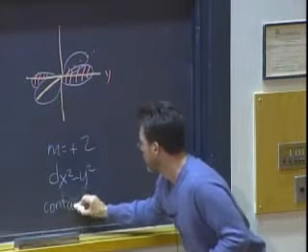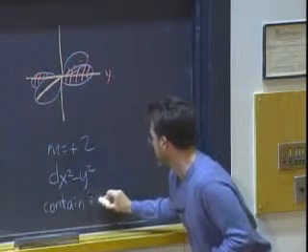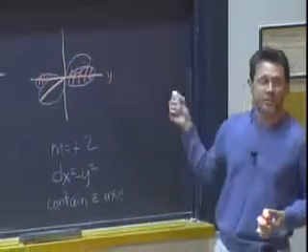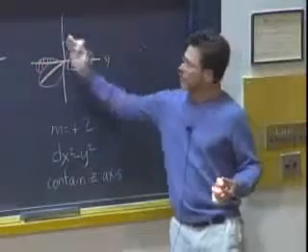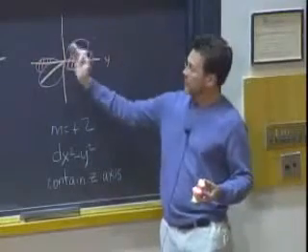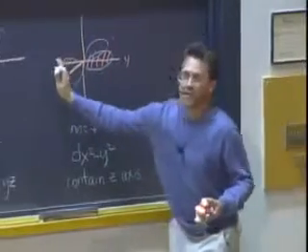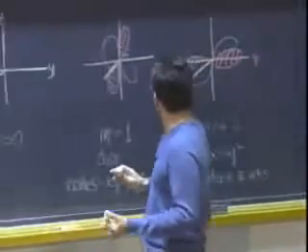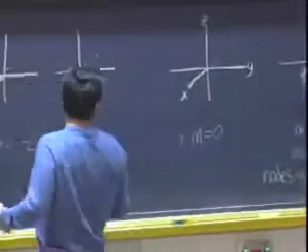So the nodes contain the z-axis, and they bisect the x and y coordinate axes. So there's one plane up here that contains the z-axis, and one over here located at 90 degrees to the first one. And those are the nodal planes for dx squared minus y squared.